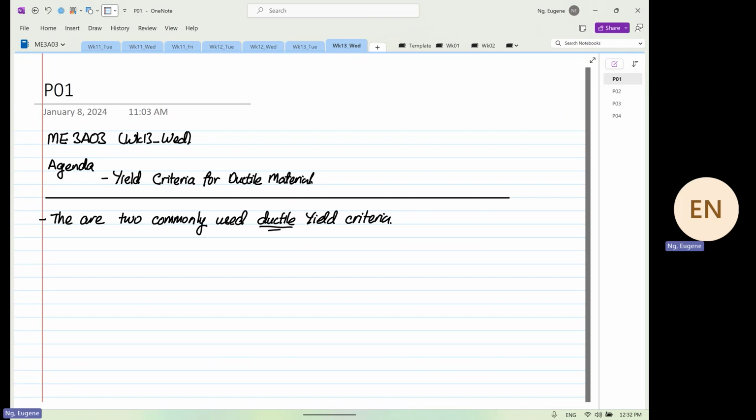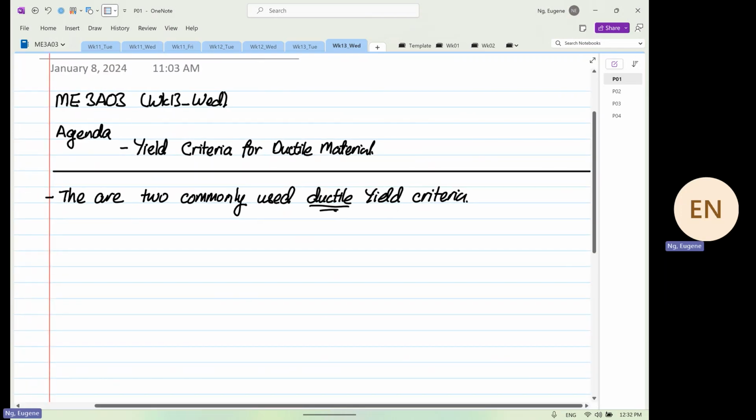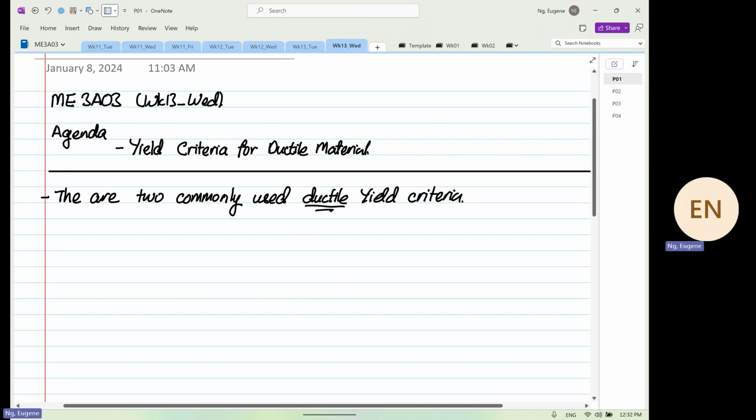I underlined here that this is for ductile material only. It will not work for brittle material because of the assumptions that this criteria makes.